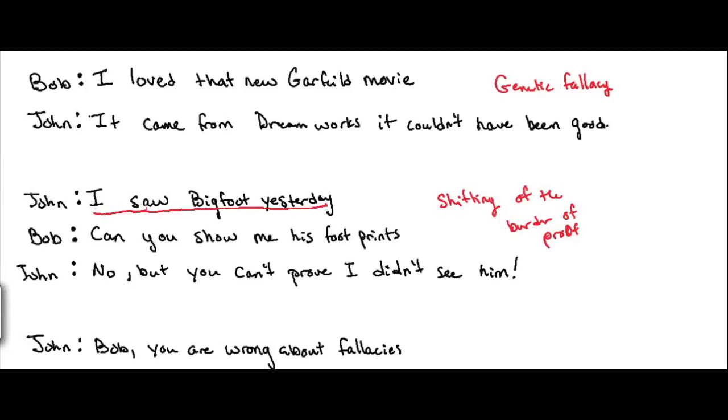If he makes this positive claim, he's the one that has to put forth evidence. We don't just believe everything. We only believe things that people have substantially proven. So it's not on Bob to prove it if it's John's claim. John can't just shove the burden over to Bob and say, "Well, now you have to prove this," and then run off. So this is the shifting of the burden of proof fallacy.